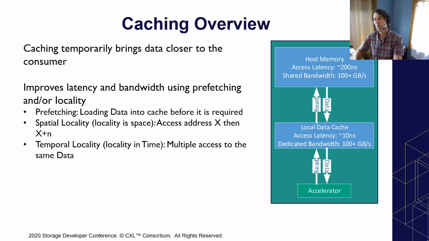Whereas if we have a local data cache, we reduce the access latency down to about 10 nanoseconds, somewhere in that range, and we end up with dedicated bandwidth, now not shared between all sources, but dedicated to this source, of about 100 gigabytes per second. So we get much improved access latency and much improved dedicated bandwidth.